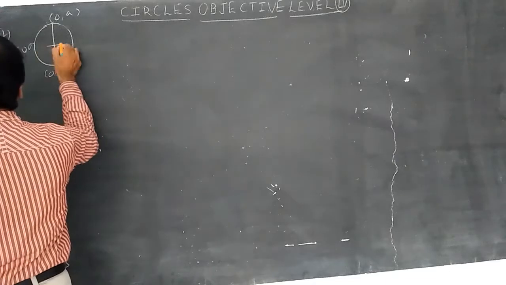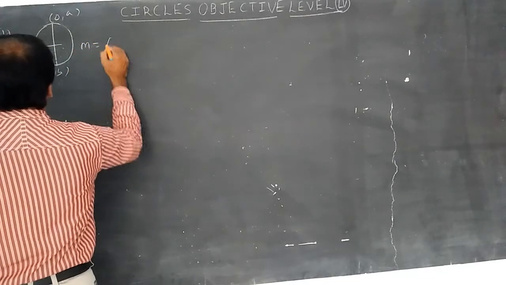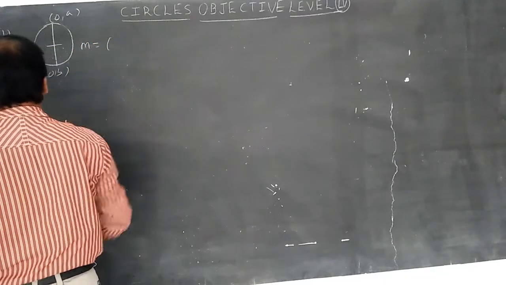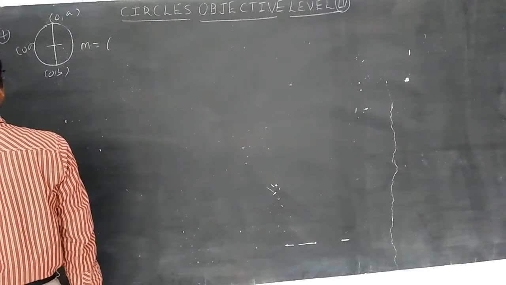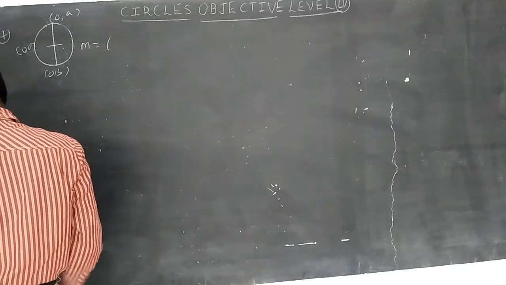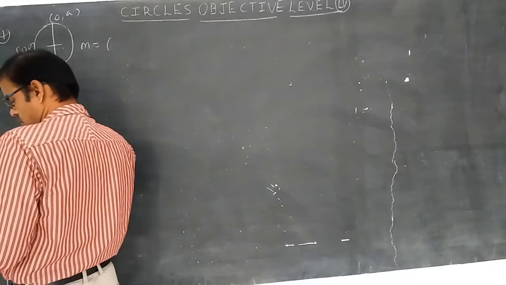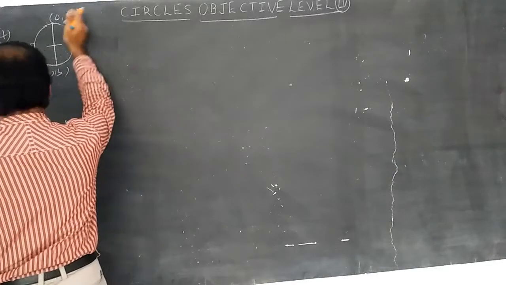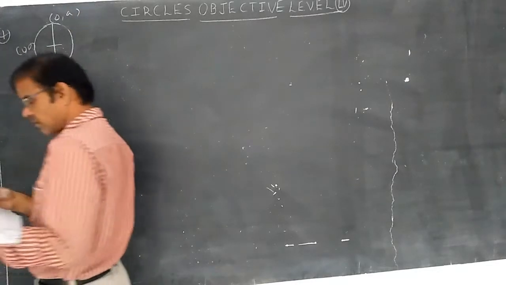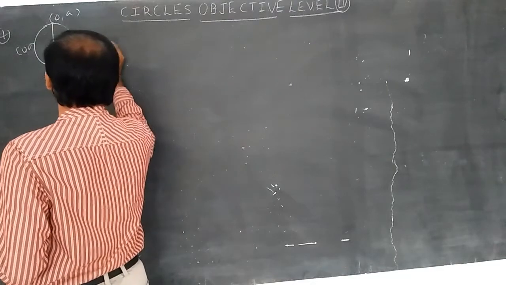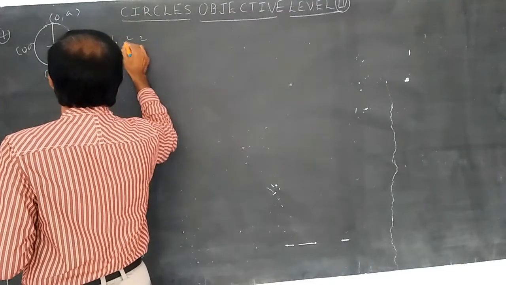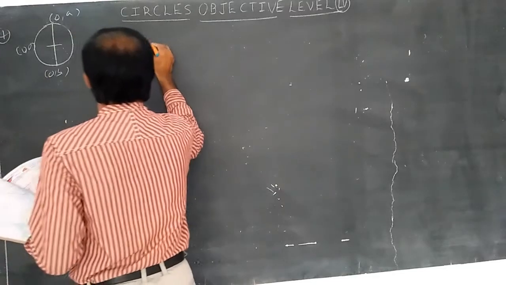If you think like this, the midpoint is the center, the midpoint is 0 comma a by 2. It is not correct. Let us discuss the equation of the circle, x square plus y square.